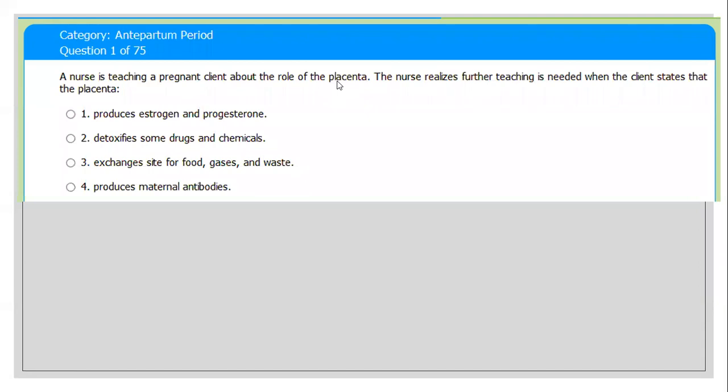So the first option: the placenta produces estrogen and progesterone. Number 2: detoxifies some drugs and chemicals. Number 3: exchange site for food, gases, and waste products. And number 4: produces maternal antibodies.